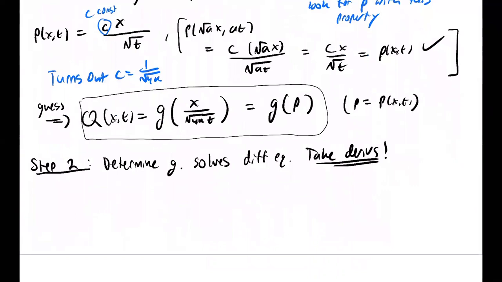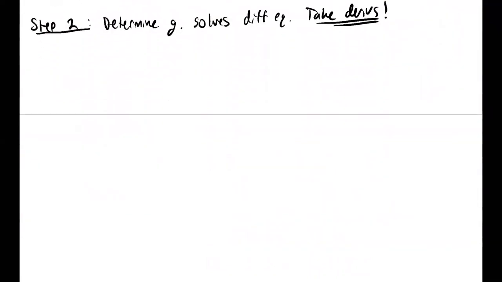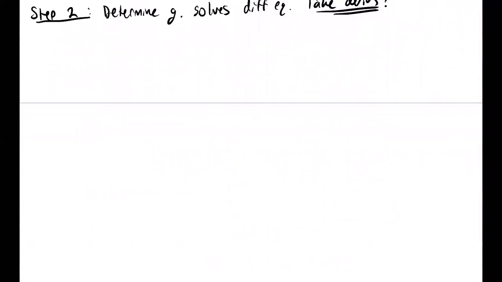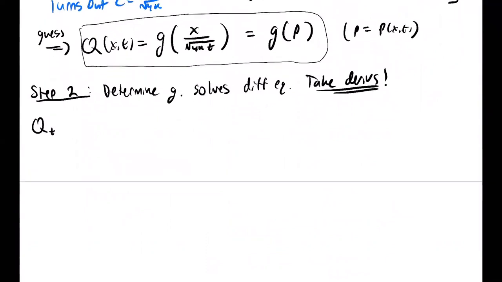Okay, so let's do that. Let's begin by taking the time derivative. If q is of this form, what does the derivative with respect to t have to be? Well, this has to be the derivative with respect to t of g composed with this other function.